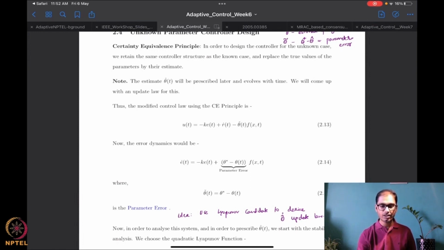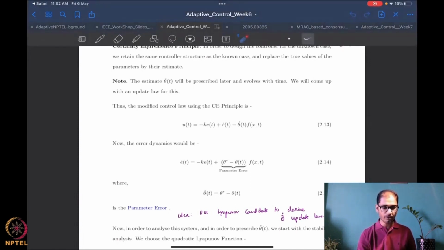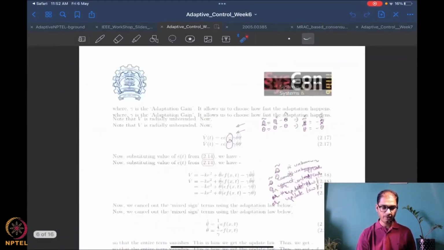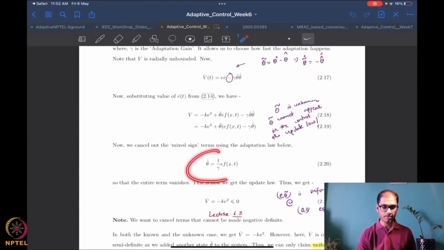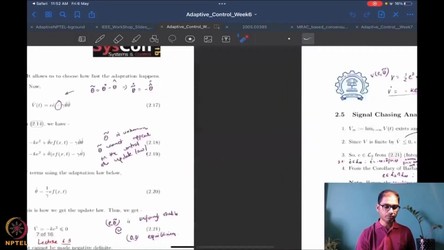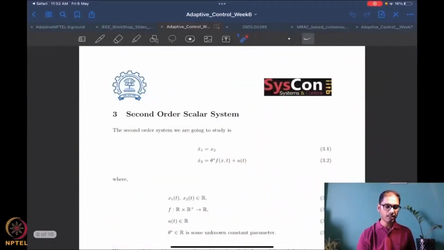All right. So this is what we did for the first order case. So we had this kind of a controller, and then we of course had a parameter estimator. All right. Of course, we used signal chasing and so on to prove that everything works out fine.